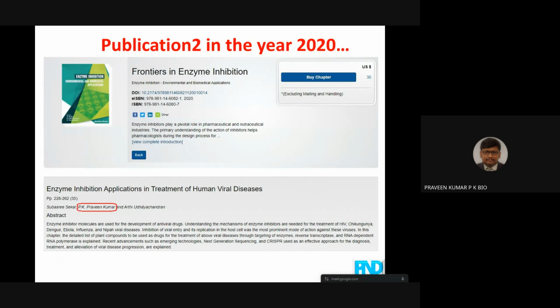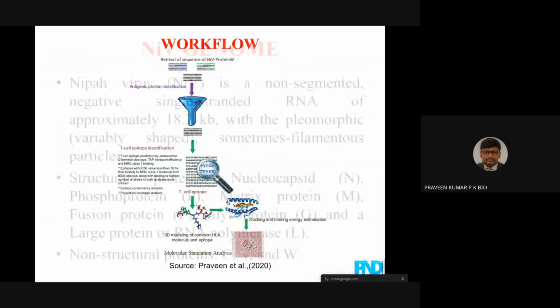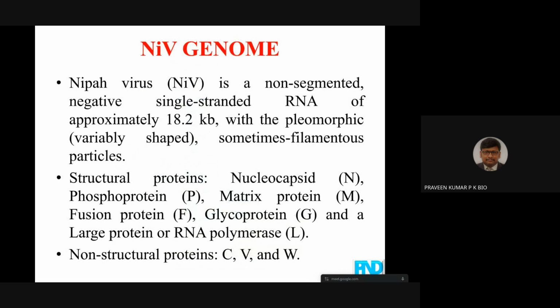And more about these enzymes and the enzyme inhibition for the types of viruses, you can check from this book chapter. The workflow I already mentioned in my study. I also mentioned it for SARS-CoV-2, but for the Nipah virus, we have structural proteins like N, P, M, F, G, L. All these structural proteins were already tried in 2018 to 19.